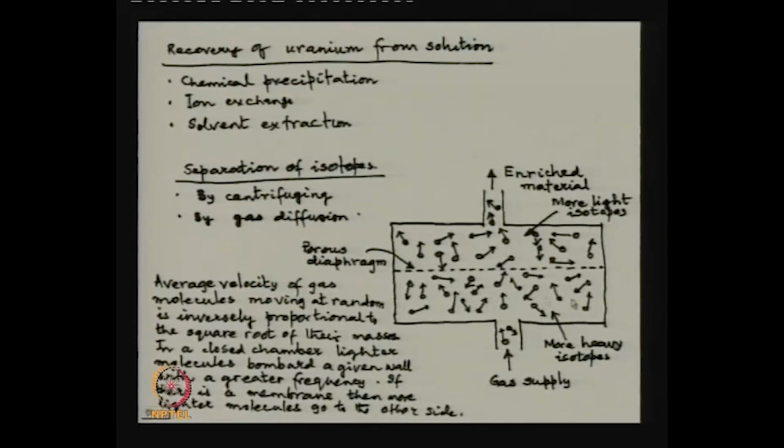All the molecules are moving all over the place, but the lighter isotopes are likely to impinge on a membrane more frequently and therefore escape. So from the other side of the membrane we get an enriched material which has more U-235 as compared to U-238. This is one way.